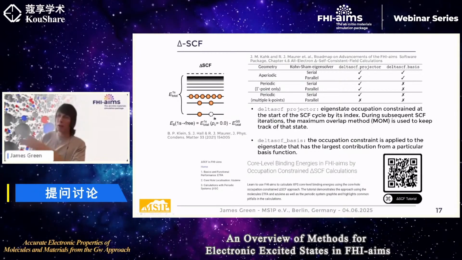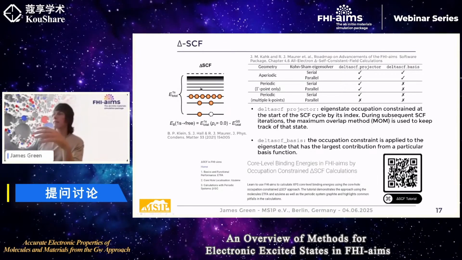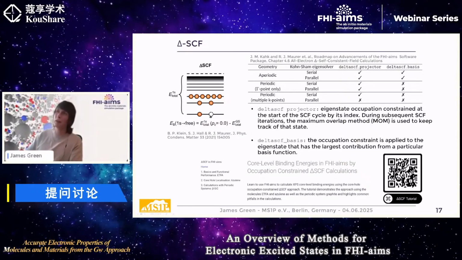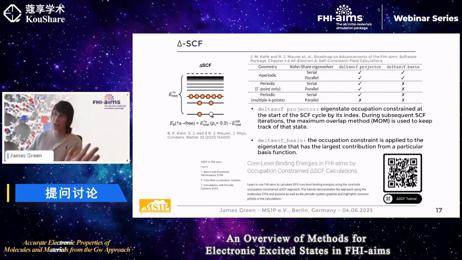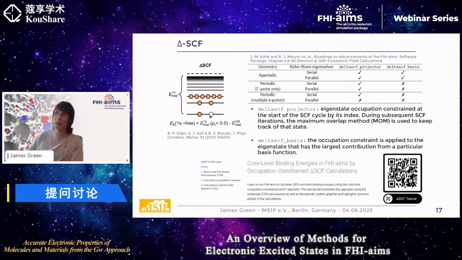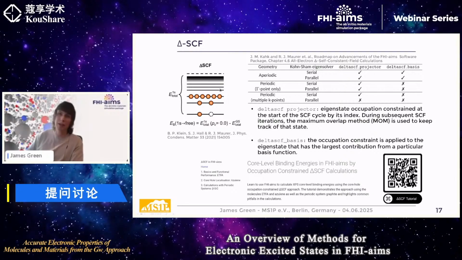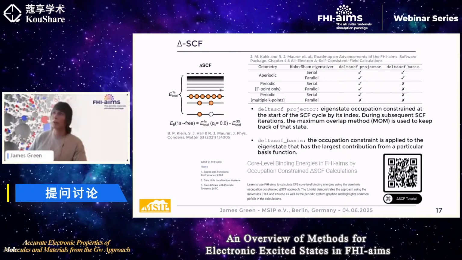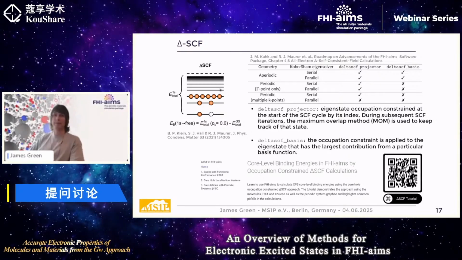So this would be for the computation of, say, the ionization energy of the S level. This is a charged excitation. But we could also, rather than removing this electron, just put it in a valence state instead. Then you would get an absorption energy or neutral excitation.